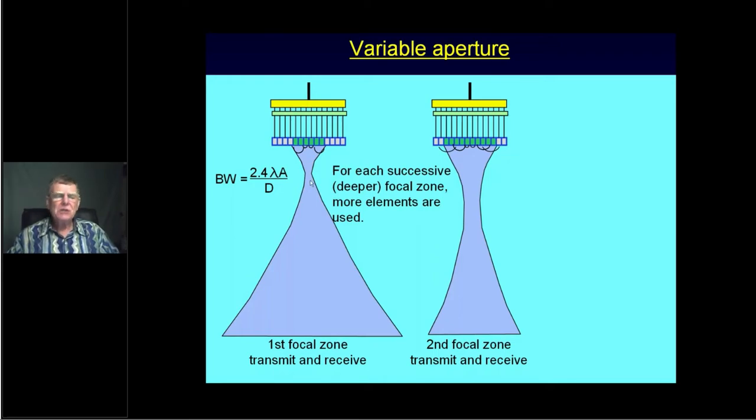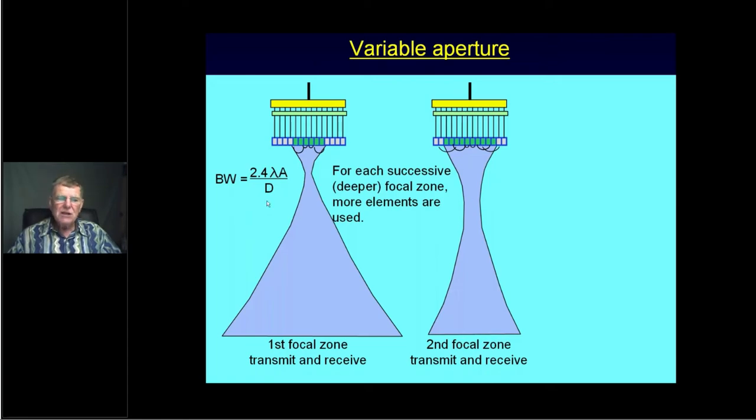But when you're up close to the transducer, it's not quite so important because you've got very good focusing at that point anyway. And you'll find that will be fine. It can sacrifice a little bit of beam width here if you can make the beam smaller in the area up in front of it. But as you go down deeper, the beam width becomes more critical. At this point, you need to increase D to make the beam width smaller.